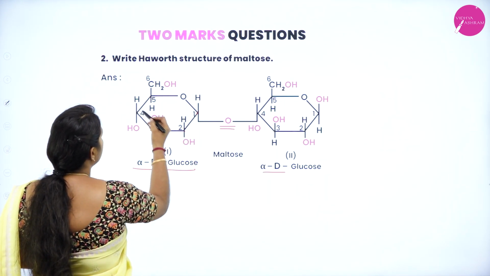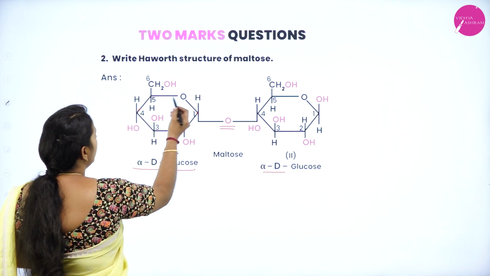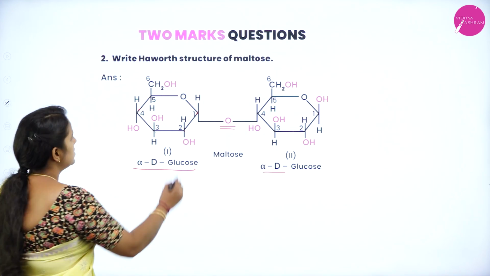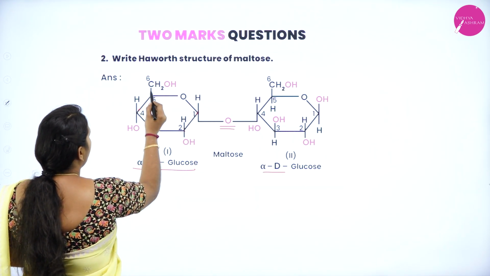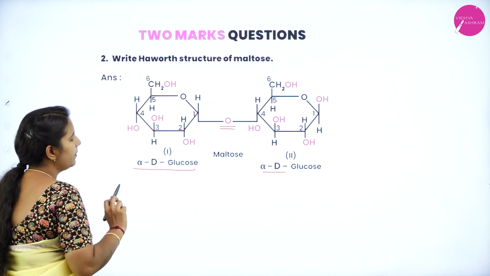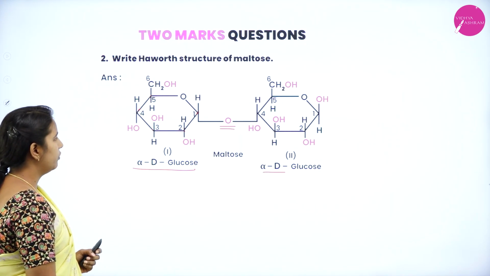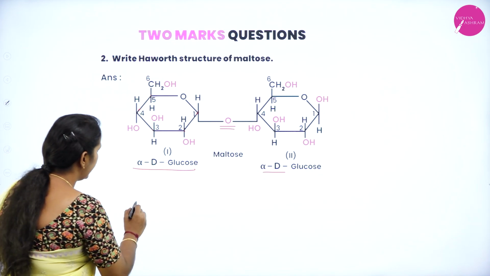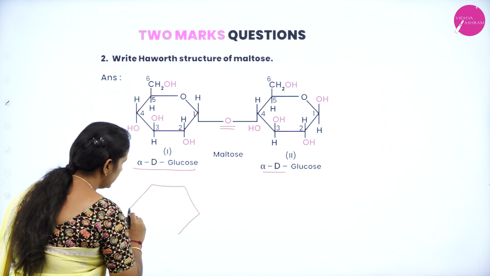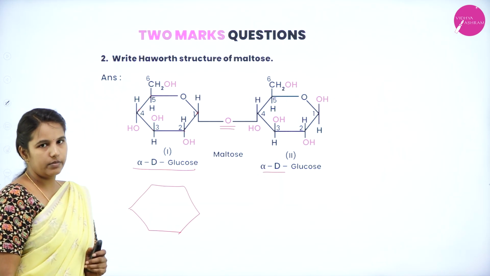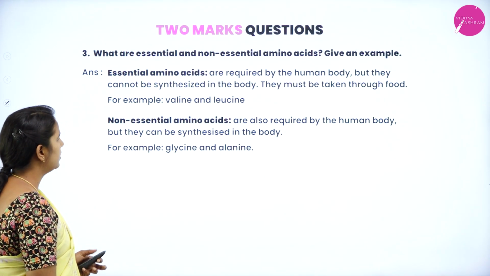You can see that there are 5 carbon atoms, and the 6th one is forming a bond with an oxygen. So it is 1, 2, 3, 4, 5 and 6 carbon atoms. This is how we can write the structure of maltose. Remember, while writing, you should write only the 6-membered ring. Don't write the 5-membered one. It's a wrong representation.